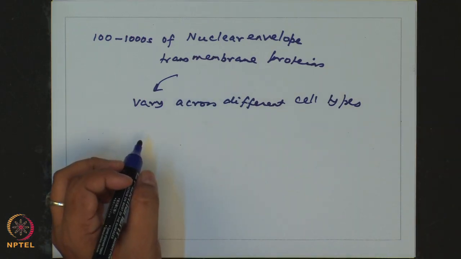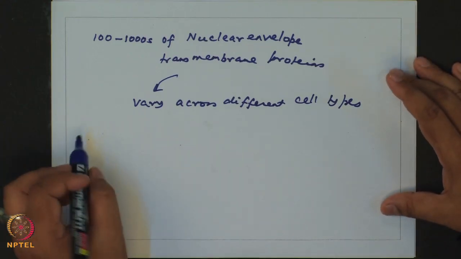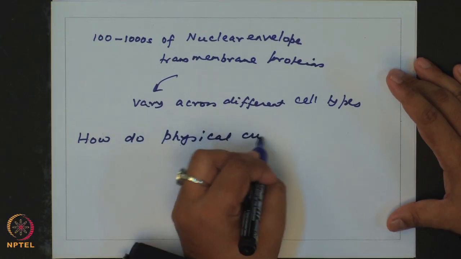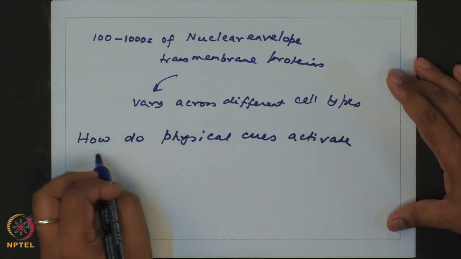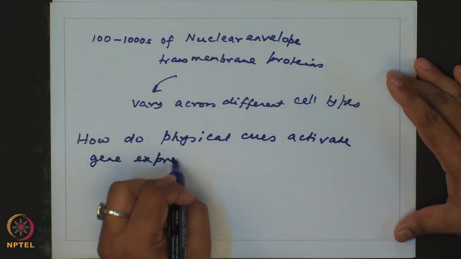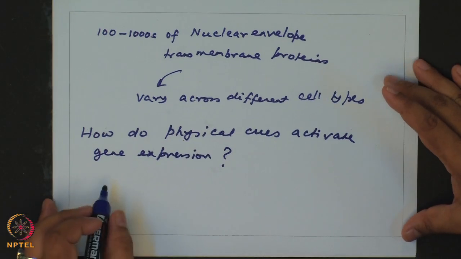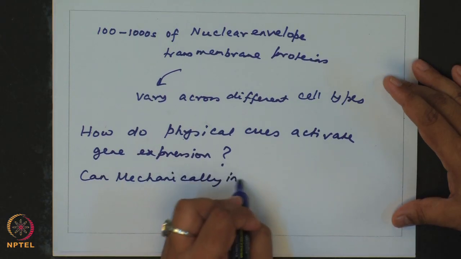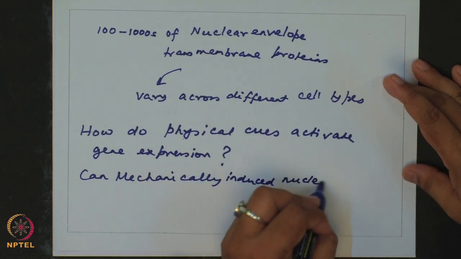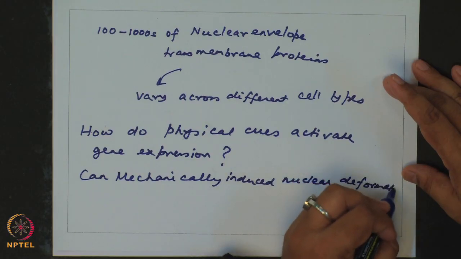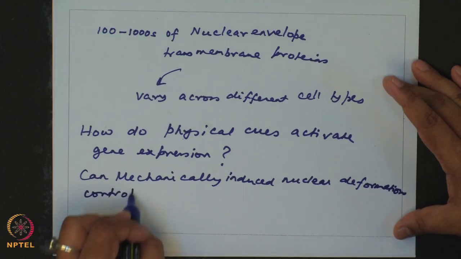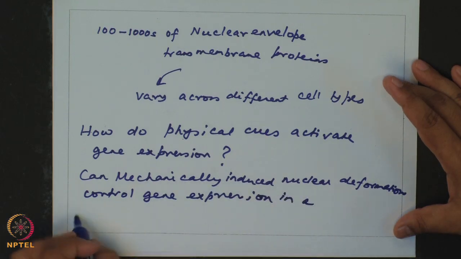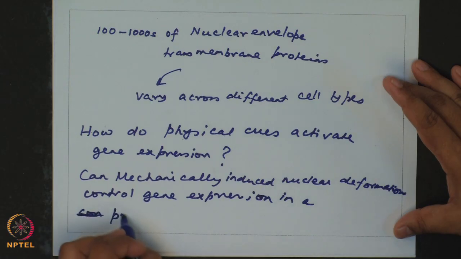So, the question to ask is how do physical cues activate gene expression, and can mechanically induced nuclear deformations control gene expression in a controllable, predictable manner?